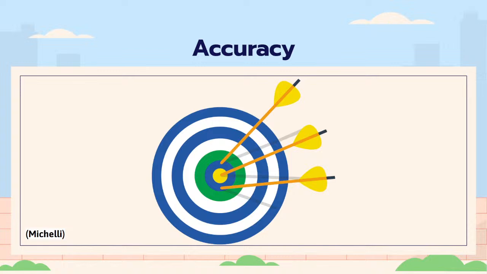Accuracy means making sure that the point that you are doing is accurate. When you're building a bridge, civil engineers need to make sure that the right side of the bridge is exactly the same as the left side. Even if it's different by 1 centimeter, the bridge will collapse.